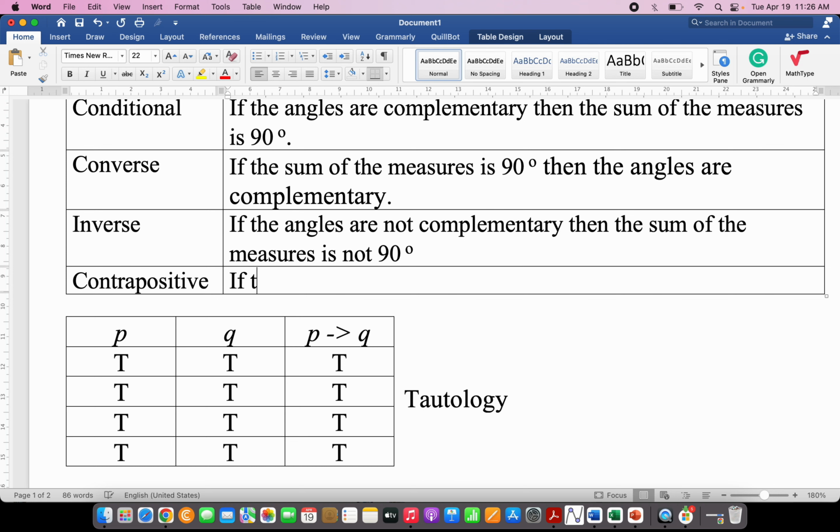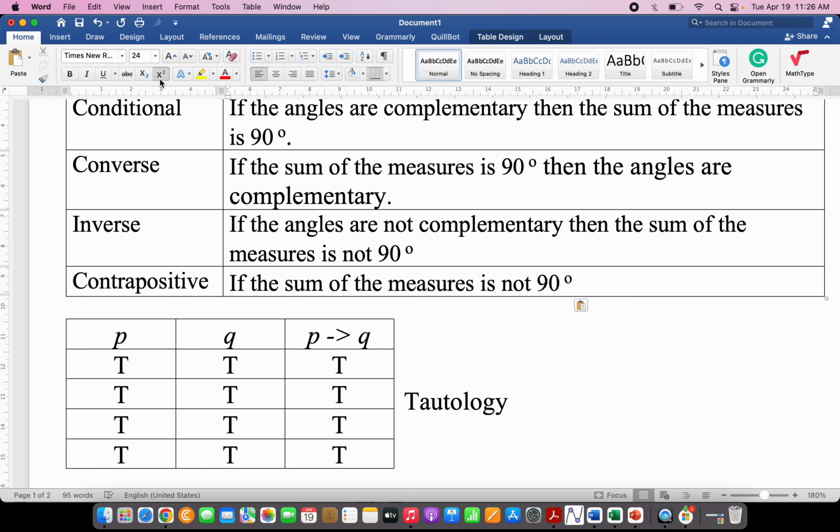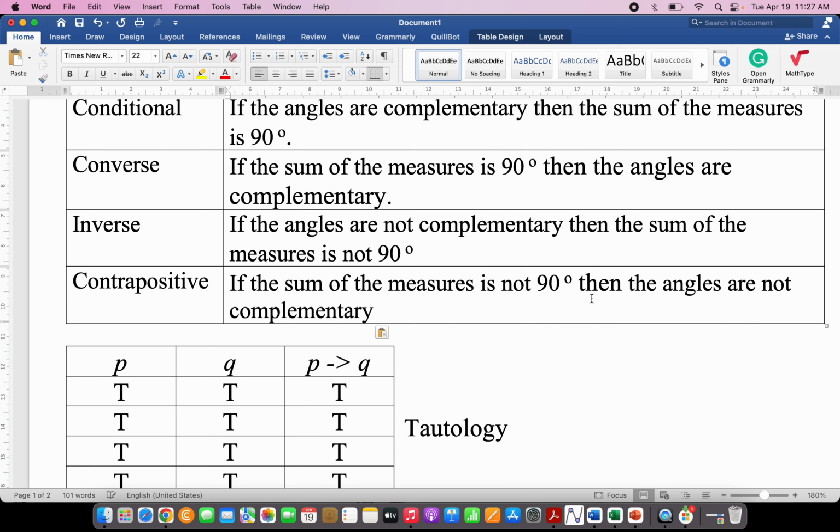So, if the sum is not 90 degrees, then the angles are not complementary. Okay, that's it. Do you follow? Okay.